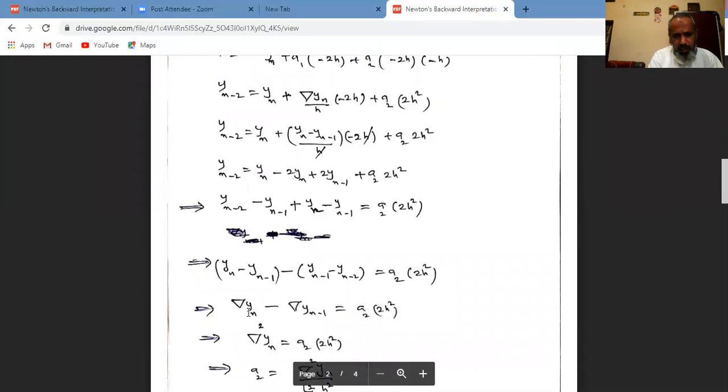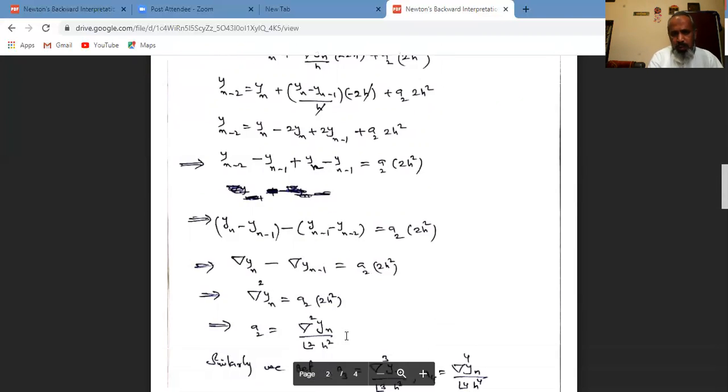Now what is yn minus y(n-1)? It is the first backward difference of yn. So we write it as nabla yn. Similarly, y(n-1) minus y(n-2) is nabla y(n-1). So this is equal to a2 into 2h square. Now this is the first backward difference. The difference of the first backward difference is the second backward difference. So nabla y(n) minus nabla y(n-1) is the second backward difference. We write it as nabla square yn is equal to a2 into 2h square.